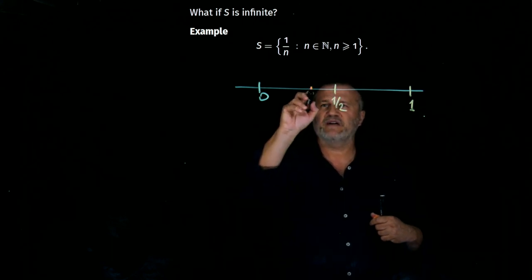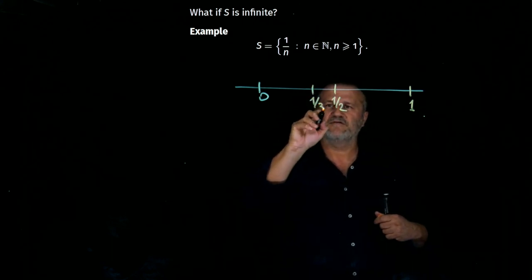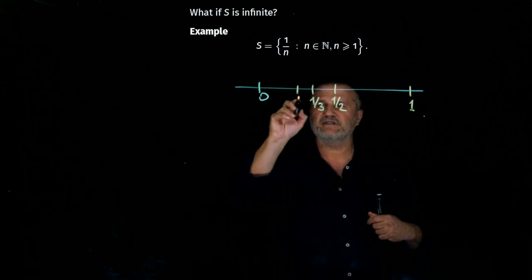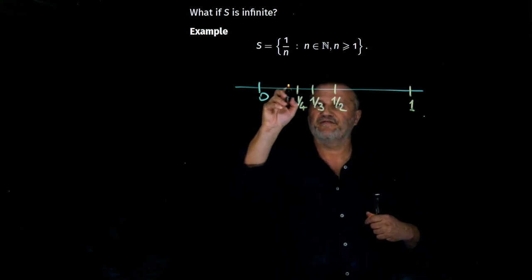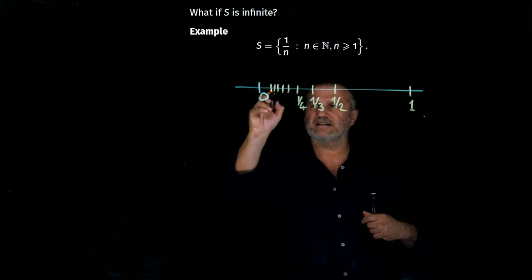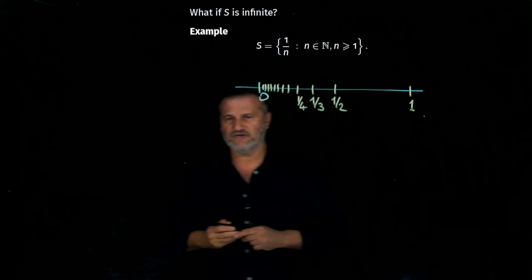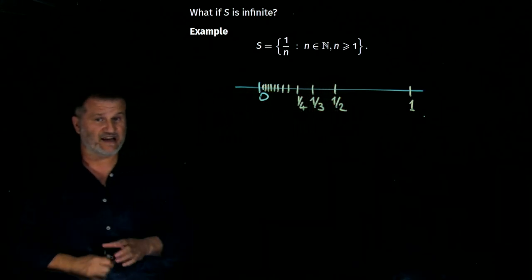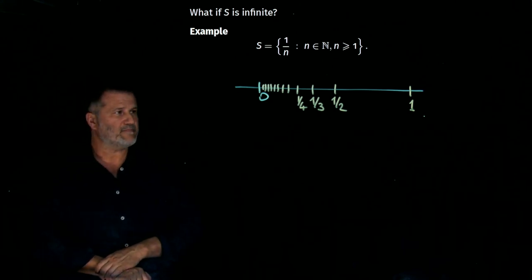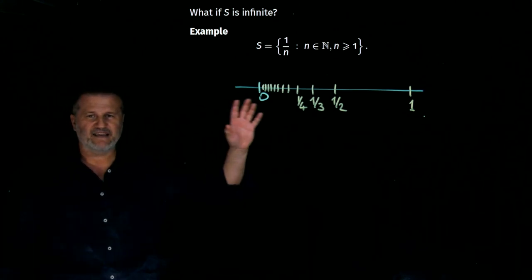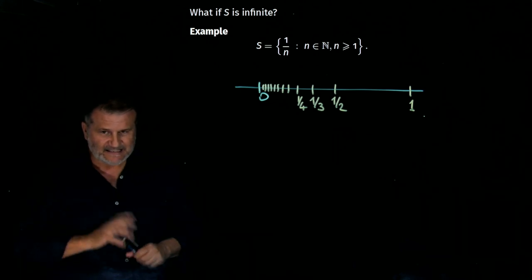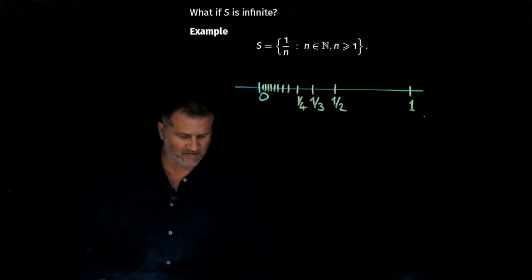For n equal 3, we have 1/3. For n equal 4, 1/4, and so on. 1/5, 1/6, etc. We cannot, of course, plot all of these numbers because they are infinitely many. What we can easily verify here is that there cannot be a minimum for this set.